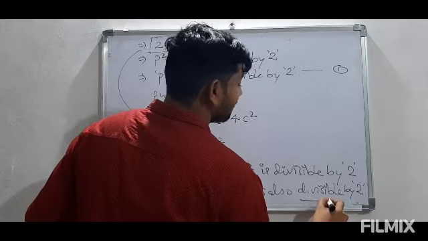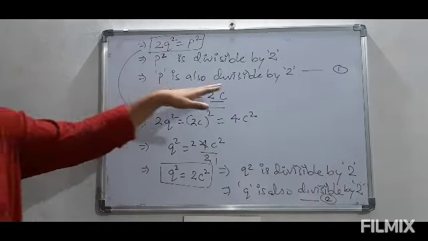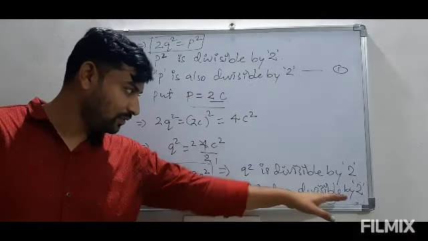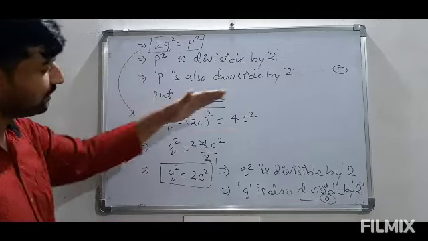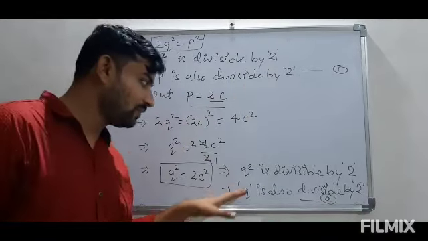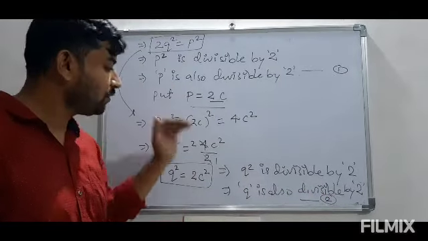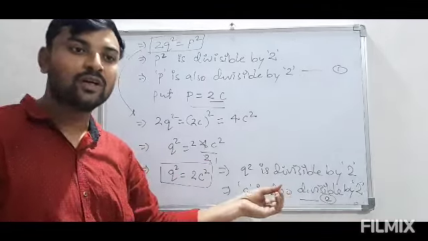This is our second fact. Here we got P is also divisible by 2 and Q is also divisible by 2. By using these two we can conclude P is having a factor of 2, Q is having a factor of 2, and P and Q both are divisible by 2, meaning they have a common factor 2.